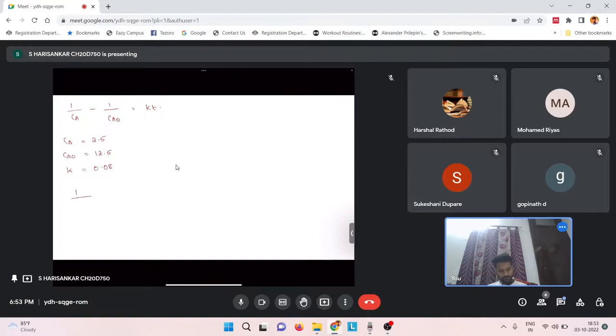Now substitute this. 1 by 2.5 minus 1 by 12.5 is equal to 0.08 into T. If we solve for this equation, we will get time T is equal to 4 seconds.